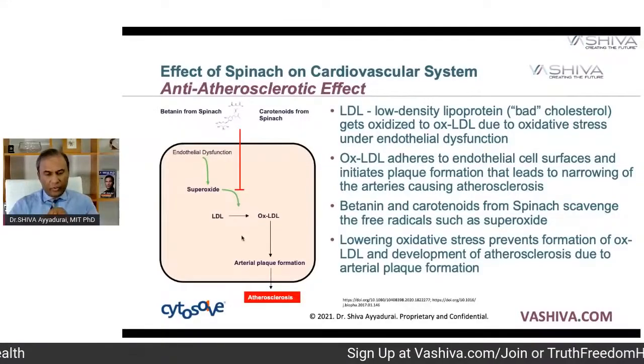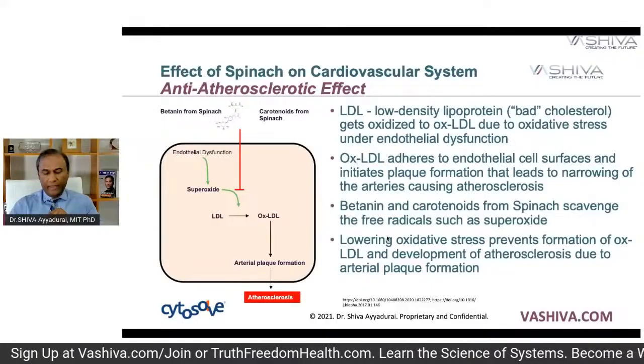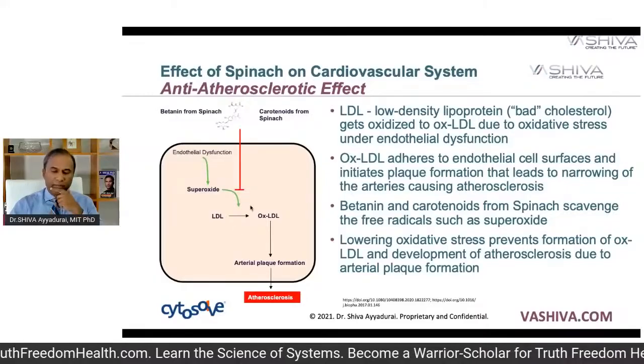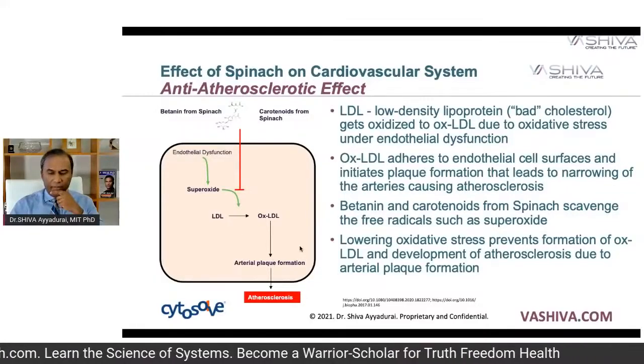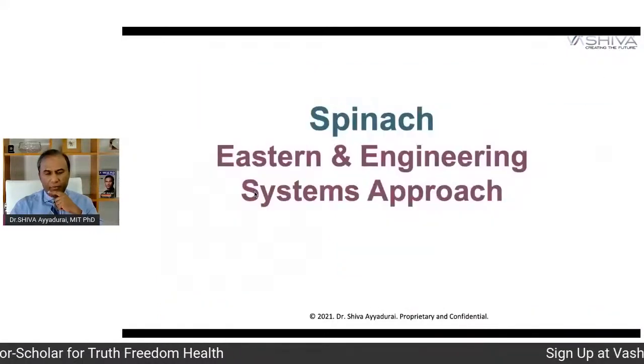The superoxide, which does this, is knocked out by carotenoids and the betanin. Therefore, this lowers oxidative stress, preventing the formation of OX LDL and the development of arteriosclerosis due to arterial plaque formation. So that's the pathway. Again, the power of spinach.